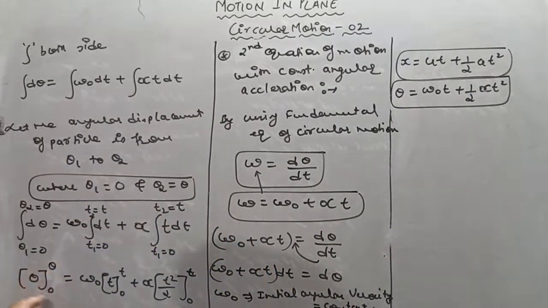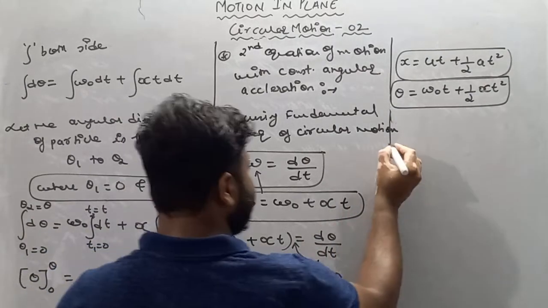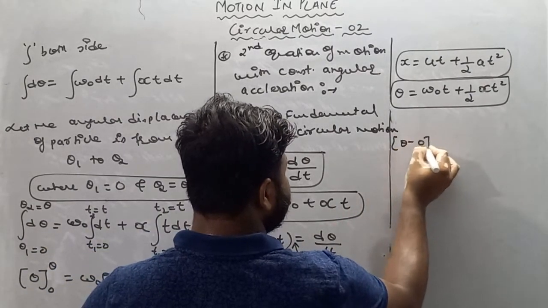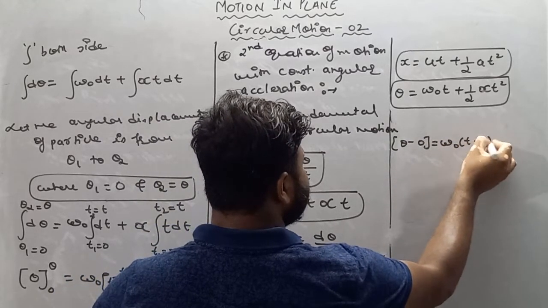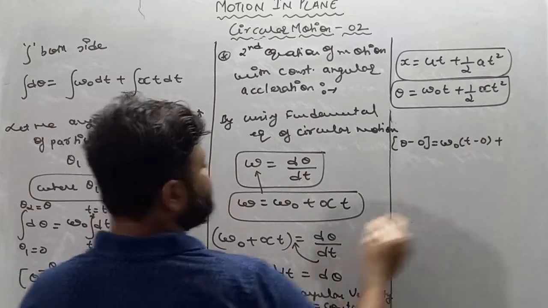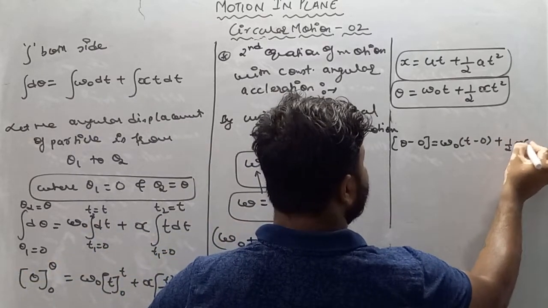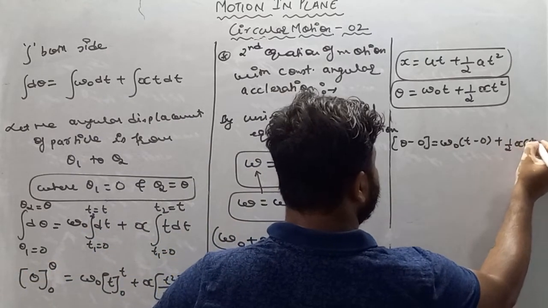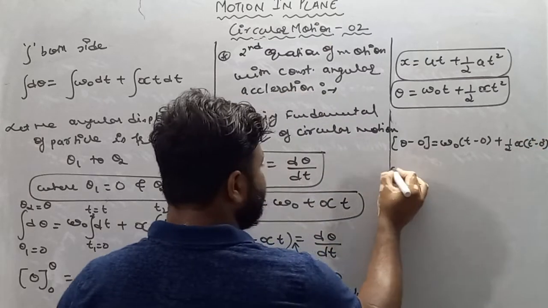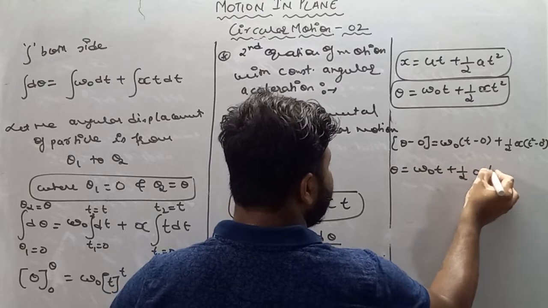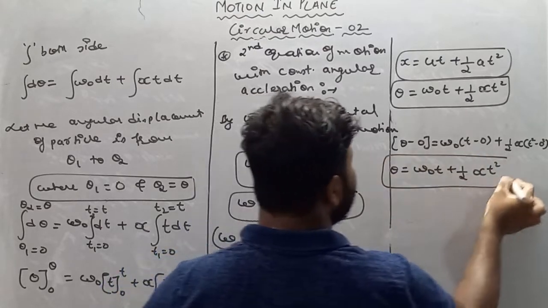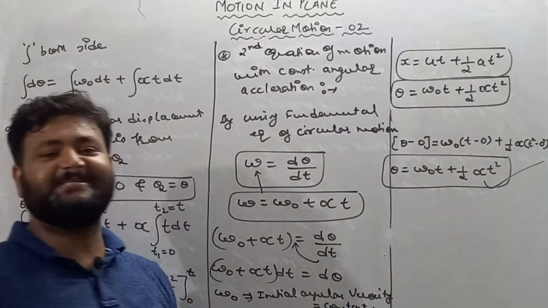So here it is theta minus 0. It is equal to omega naught t minus 0 plus, 2 comes outside, it is half alpha, and t square minus 0 square. So theta is equal to omega naught t plus half alpha t square. My dear students, you will get your second equation of motion.